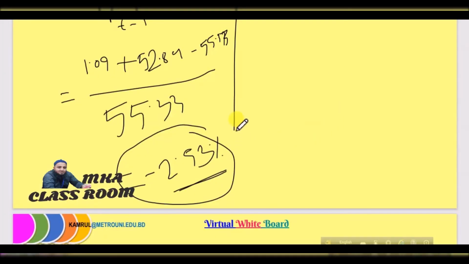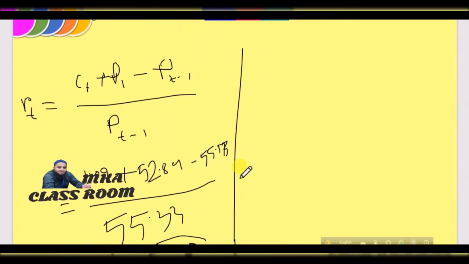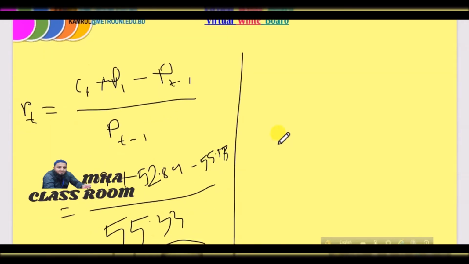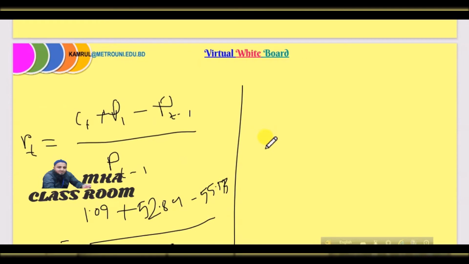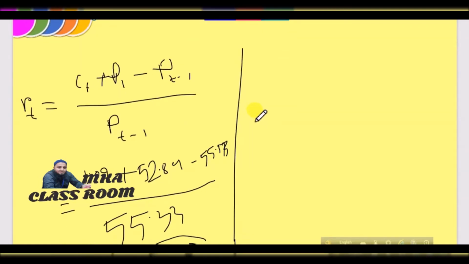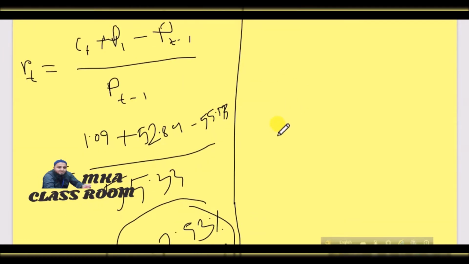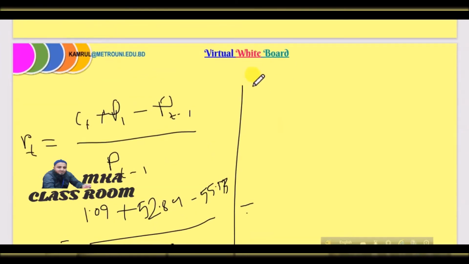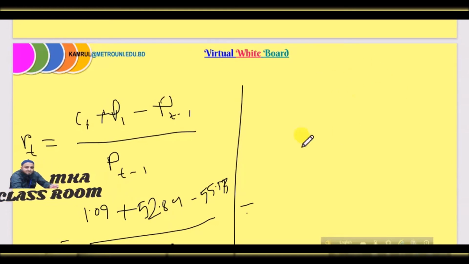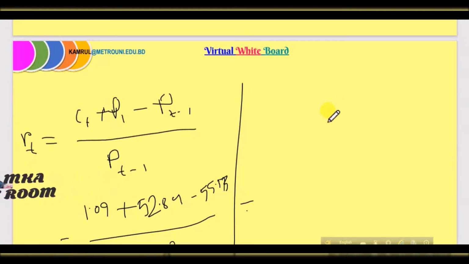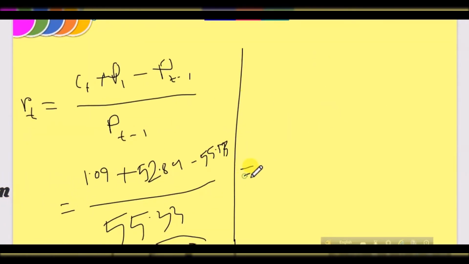Now we will see the return for Apple Incorporation. We need not write down this formula twice because it is hard for me, so please don't mind. You have to write down the formula in the exam, obviously. That's why I am starting from the second line.